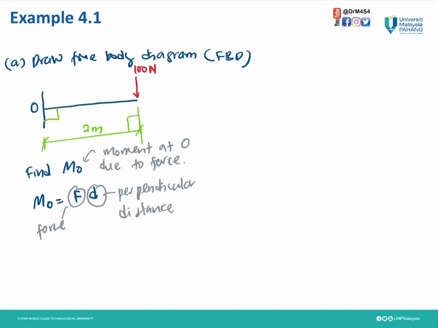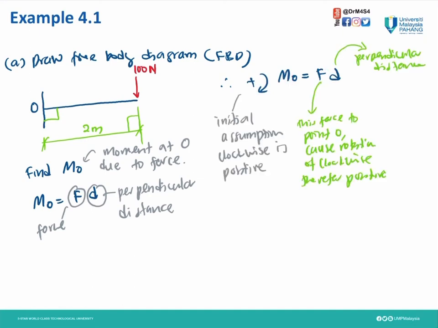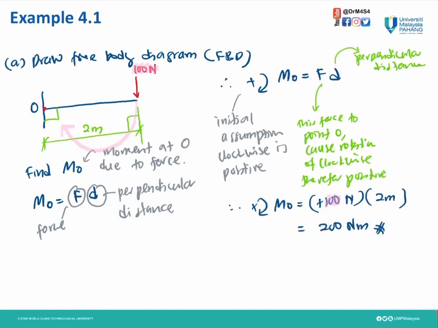The perpendicular distance D is 2 meter and the force is 100 Newton. Our initial assumption is positive clockwise, and MO is F times D. So what is our F and what is our D? Our force is 100.